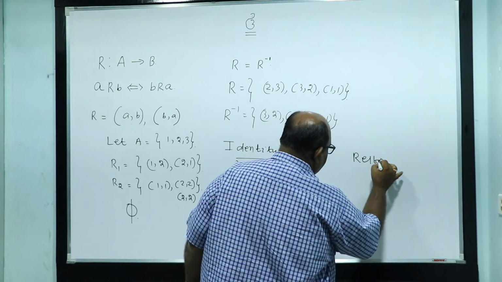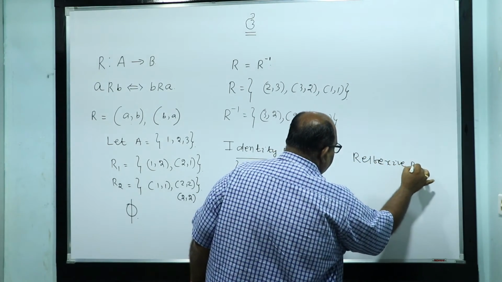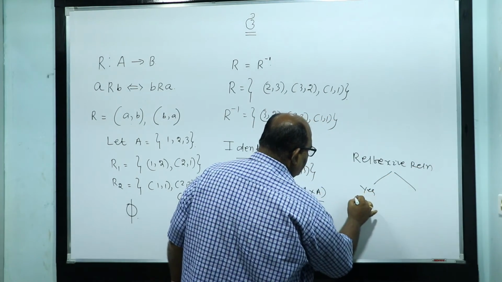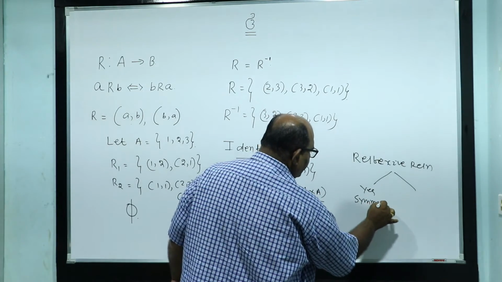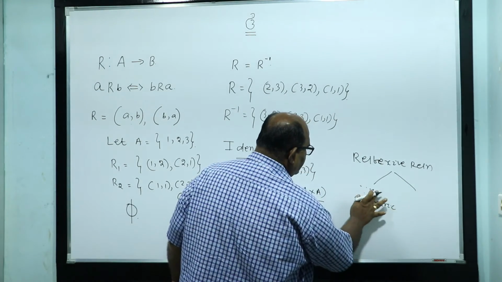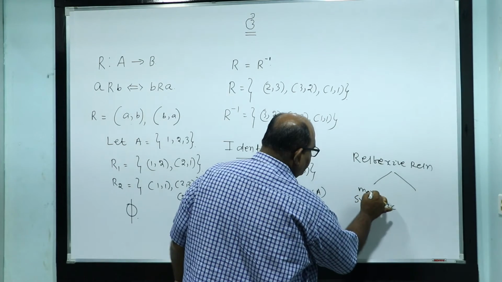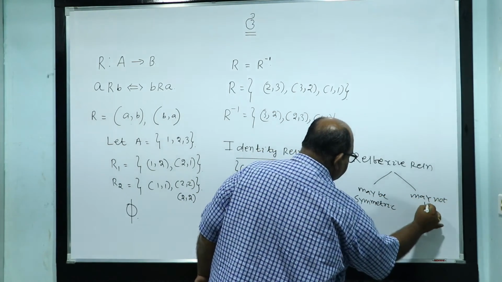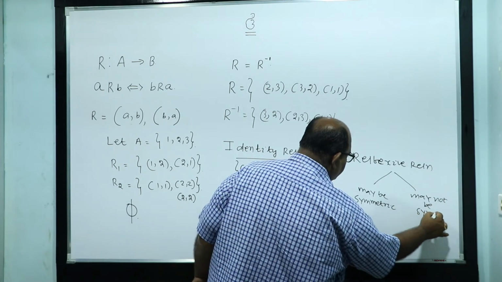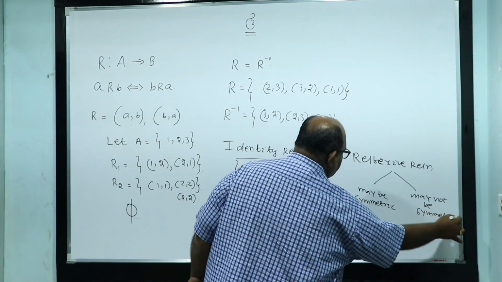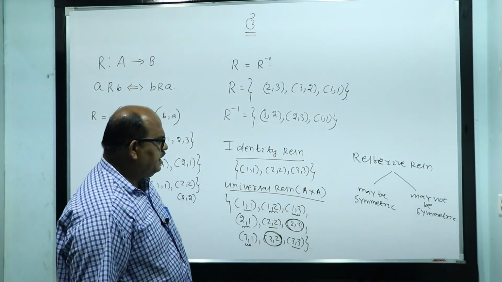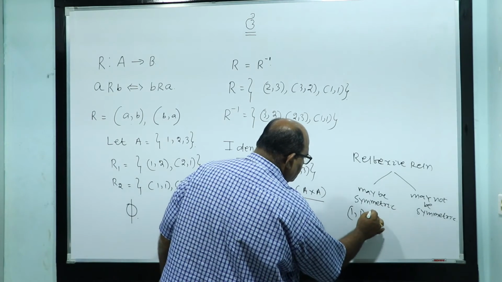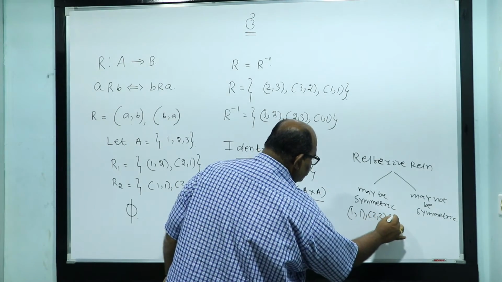Reflexive relation may be symmetric or may not be symmetric. How? Look, write a reflexive relation: 1 1, 2 2, 3 3.